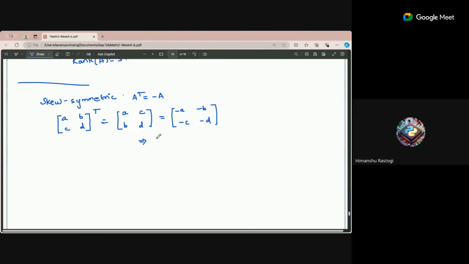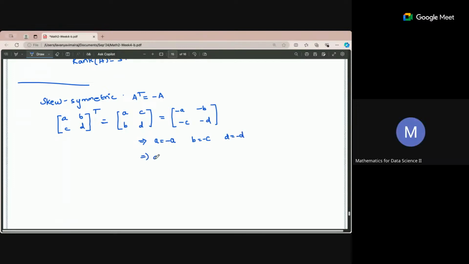C is equal to minus B, A is equal to minus A, and D is equal to minus D.